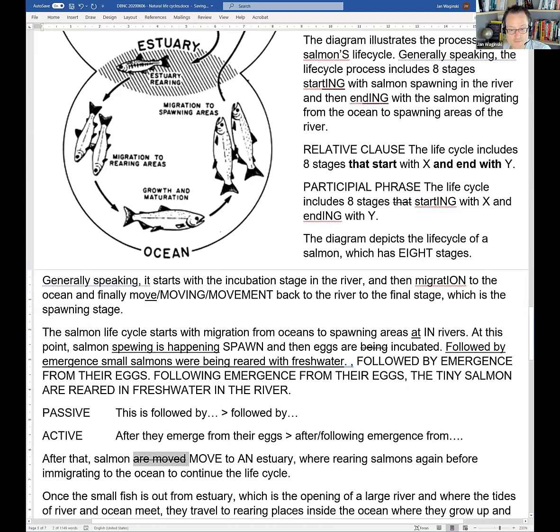We're rearing salmons again. Where, it's a continuation, right? Where, let's just say rearing continues.